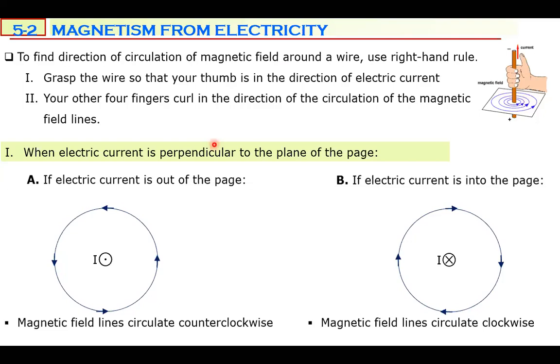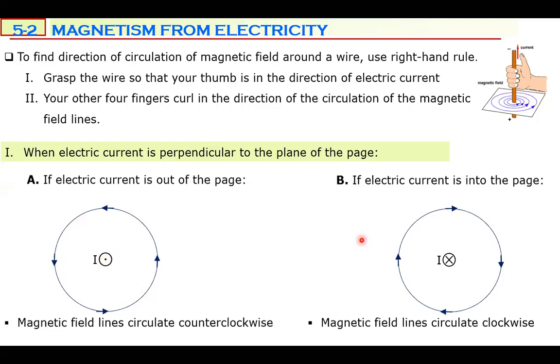When the electric current is perpendicular to the plane of the page, like this dot, it's coming out of the page. If you use your right hand rule and point the thumb out of your page, you will see that your curled fingers are rotating counterclockwise. So the circulation of the magnetic field will be counterclockwise for a current which is out of the page.